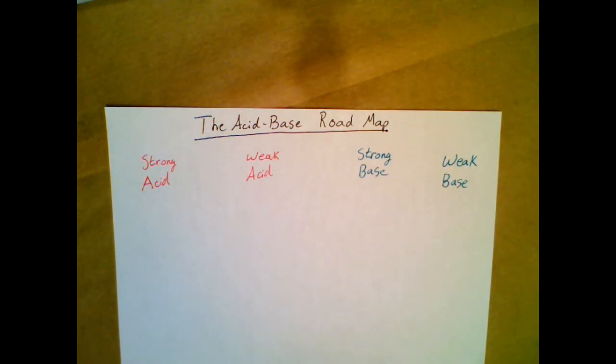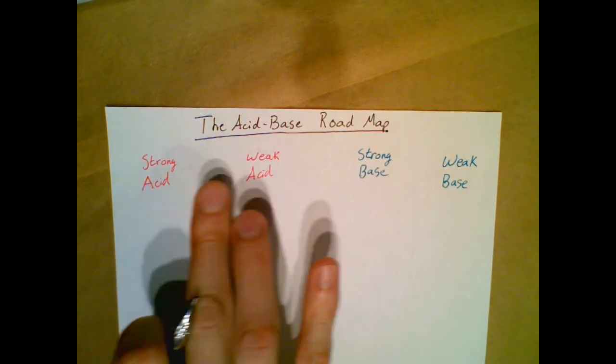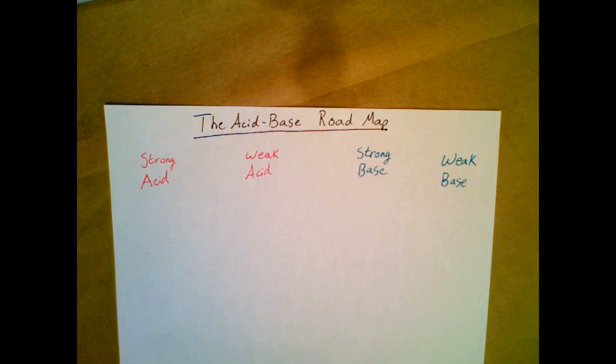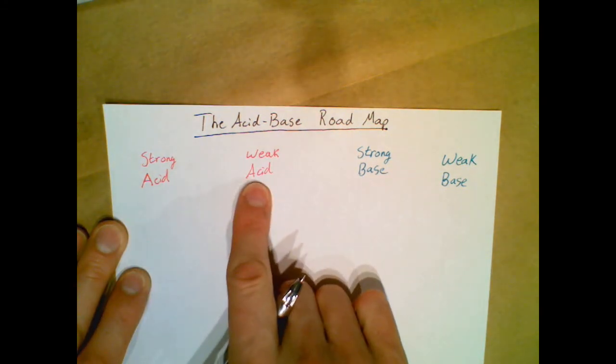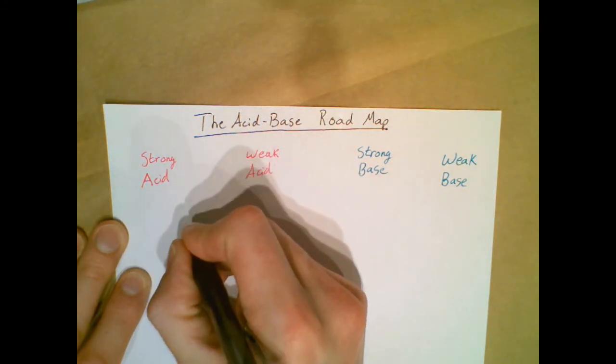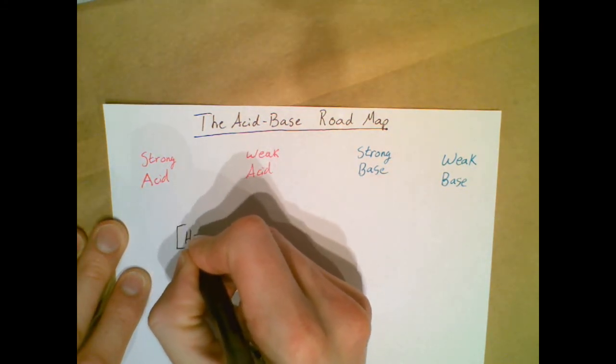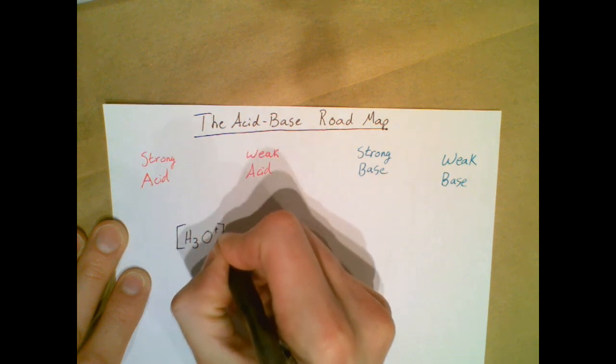And as we saw like 56 videos previously, I know it's been a while, but these determine how you're actually going to be starting. And to me, these are like your starting points on the roadmap. They determine what you're actually going to be able to solve. If you're dealing with an acid, the easiest thing that you're going to be able to solve for is the concentration of H3O plus.